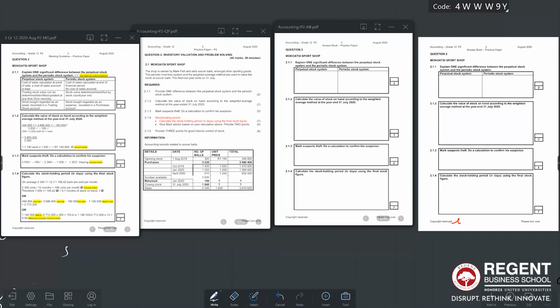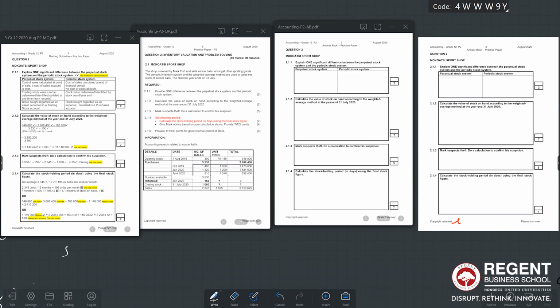I returned 150, so take 150 times 1,200 and you end up with 180,000 rand. So the figures on the top: 346,800 is the opening stock plus my purchases of 3,686,400 minus the return of 180,000.